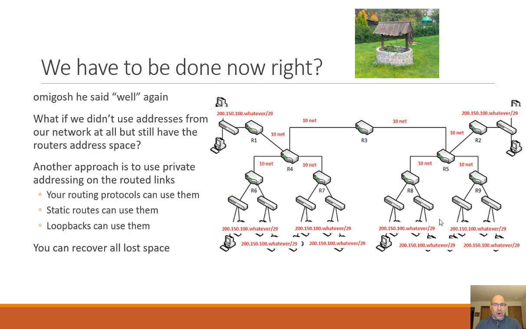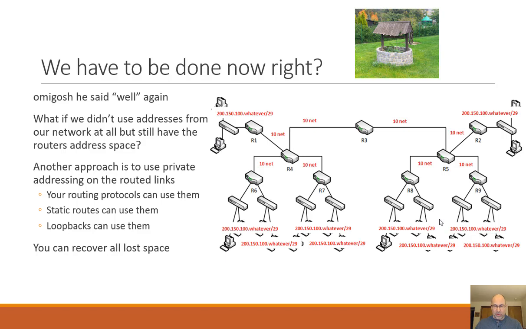Well, what if we didn't use addresses from our network at all? This might be yet one more way to recover some address space. So in some organizations, what we see is that on all these point-to-point links where we don't need hosts, particularly when we don't want to expose our routed interfaces or put them on the production network, then we might actually use private addressing.